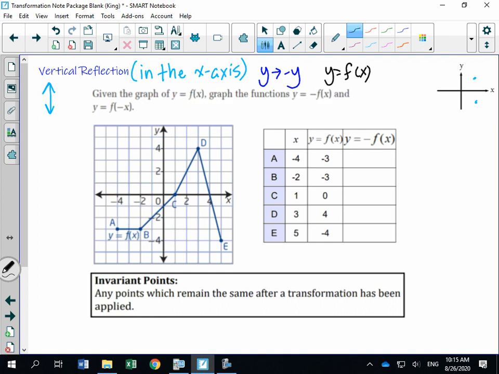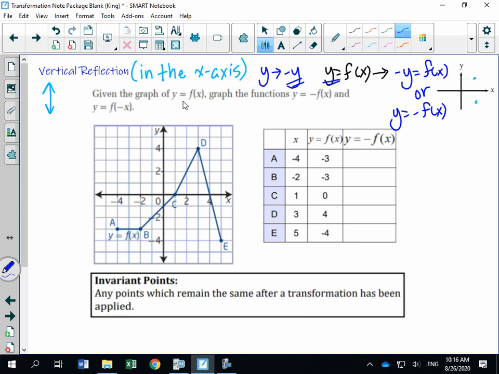That was my original graph. So my transformed graph, I need to take this y out and put in a negative y. So negative y is equal to f of x, or y is equal to negative f of x. Okay, so this or this is a vertical reflection.